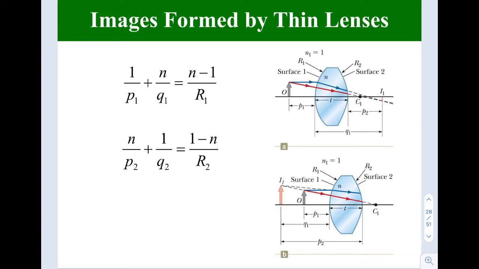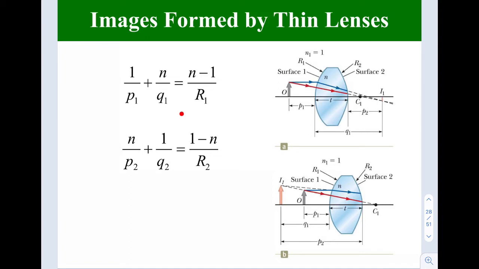And by assuming that n1 is equal to 1, from air, with the lens surrounded by air, we find that I1, image 1, formed by surface 1 satisfies this equation, where q1 is the position of the image formed by surface 1.